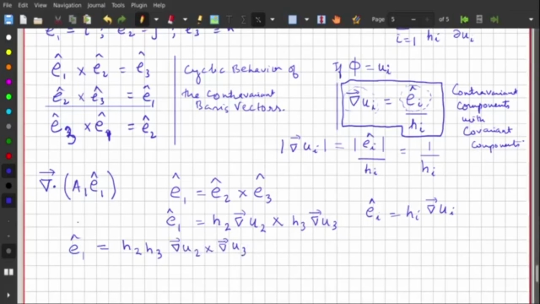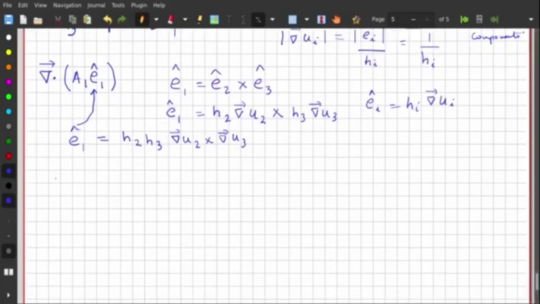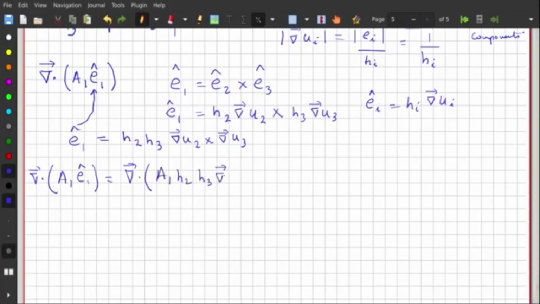Okay, and let's use this e1 and substitute it here to expand the divergence. So this will become the divergence of A1 e1 hat. This is equal to the divergence of A1 h2 h3 grad u2 cross grad u3. And remember, similar identities we can write for the other directions.